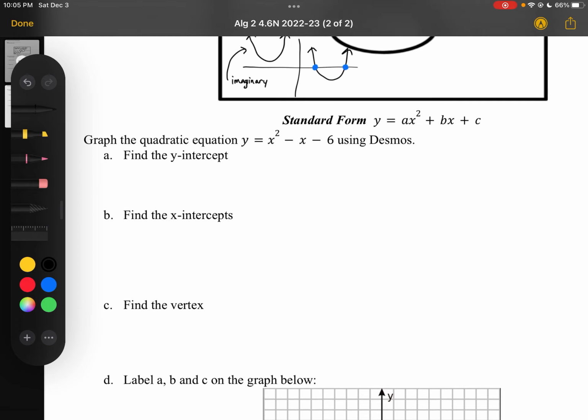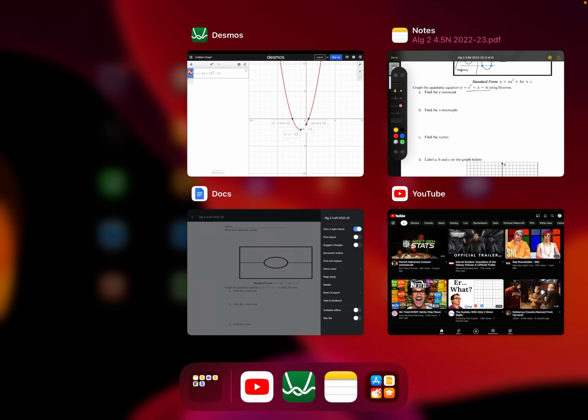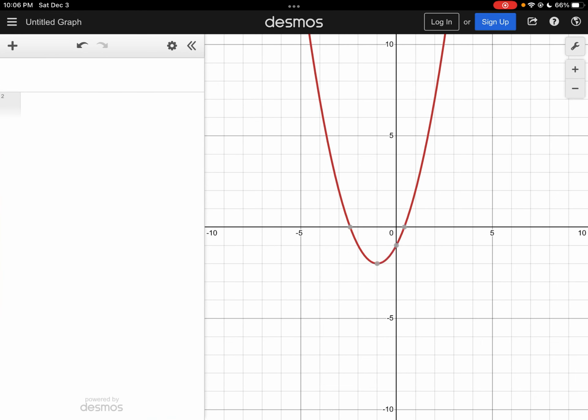So if we're looking through here, graphing our quadratic equation using Desmos with a, b, and c, we'll be able to use that to check the work that we do by hand. So the first thing that we're going to do is punch this in and draw our graph. So starting off with x squared minus x minus 6.